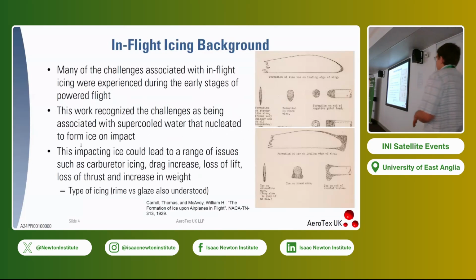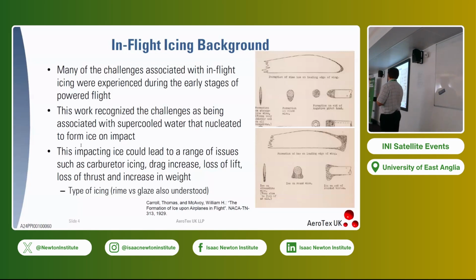So if we look at the history of in-flight icing, it was known from very early on, in the 1920s, that there were issues with icing. Of course, back in those days they thought, oh, we'll just fly into the icing conditions, and someone went up with a sketch pad and drew the ice that was forming on the wings as they were flying through it. So they recognised at this early stage that there were significant issues.